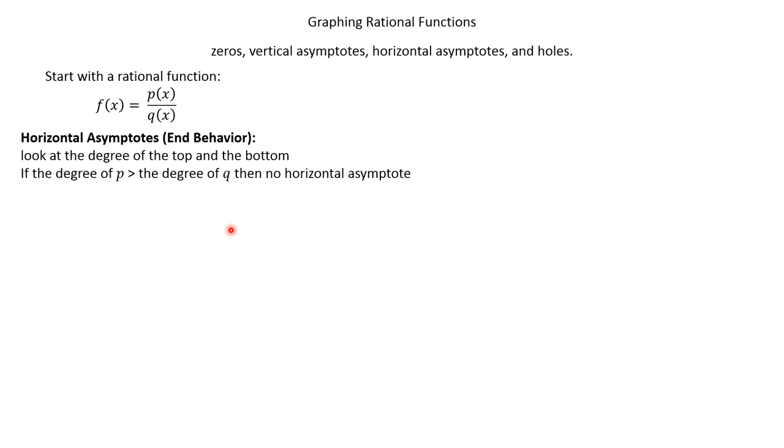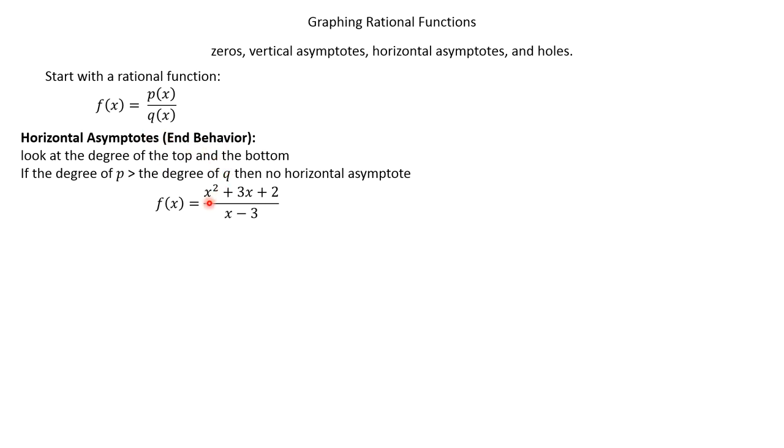If the degree of the top is bigger than the degree of the bottom, then there's no horizontal asymptote. So for example, if we had something like f of x equals x squared plus 3x plus 2 over x minus 3, the degree of the top is 2, the degree of the bottom is 1, so there's no horizontal asymptote. What does that mean? Well, this is the end behavior. It's when x is going to infinity.